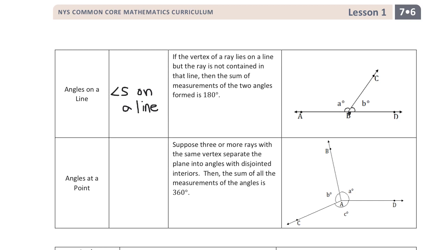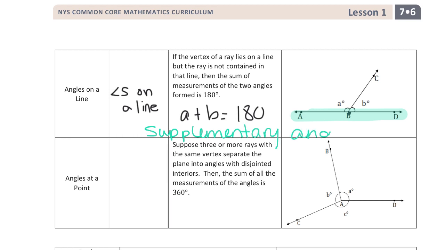And so that's our supplementary angles. So A plus B equals 180 because they form the straight line here. So combining them, that is our supplementary angles.